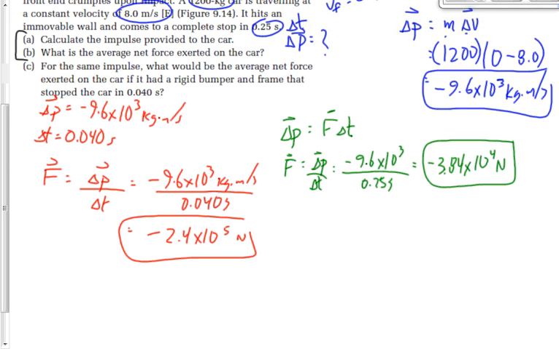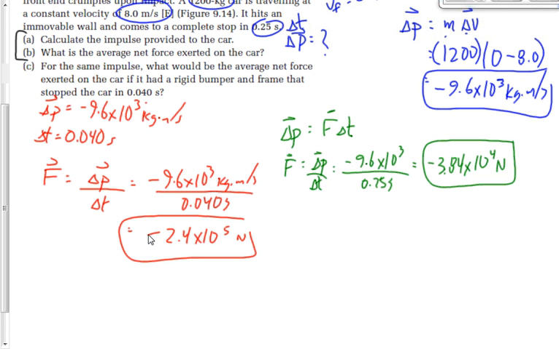What about the values of them? Are they the same value? No. Which one's bigger? The one with 0.04 seconds. So question C has the bigger force, right? Almost 10 times bigger than the force in question B, almost.